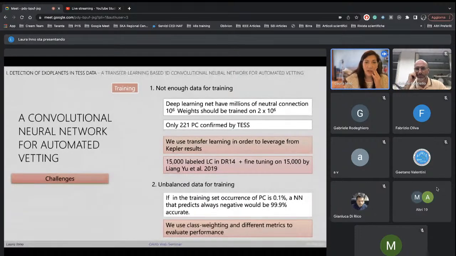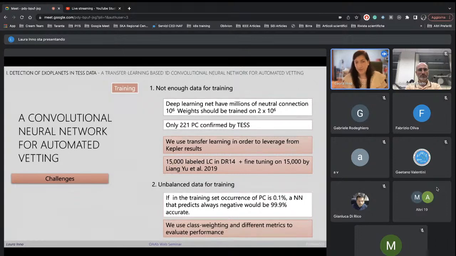So in our case, we only had something like 200 confirmed planets in the TESS database when we started. So the number is still low. I mean, I'm talking about confirmed planet candidates, so let's say accurately labeled data. So in order to deal with this problem, we decided to use transfer learning.